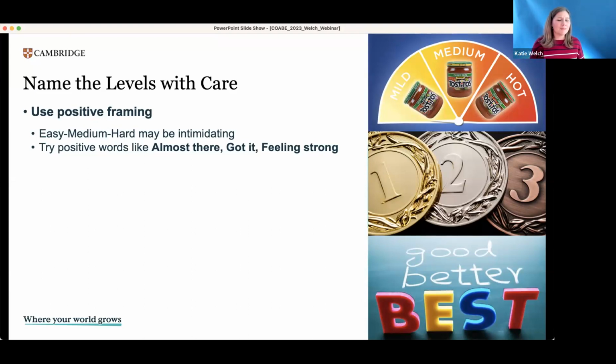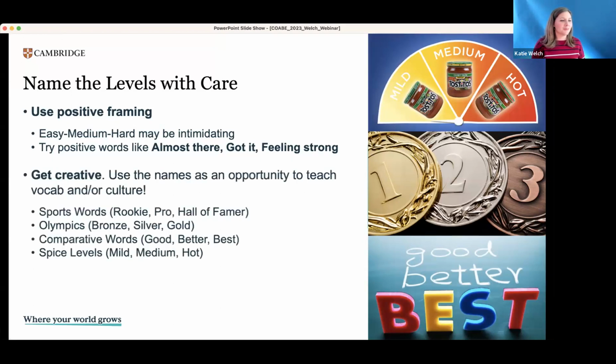I'm going to encourage you to think about, if you have different levels of materials in your classroom, if you have activities that you've adjusted to be more comprehensible or more complex, that you try to frame it in a positive way. Some that I've tried are almost there, got it, and feeling strong. You can also use lots of other creative ideas.